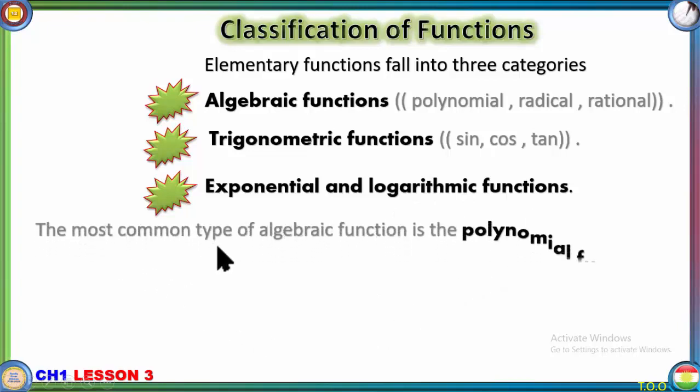The most common type of algebraic function is the polynomial function.